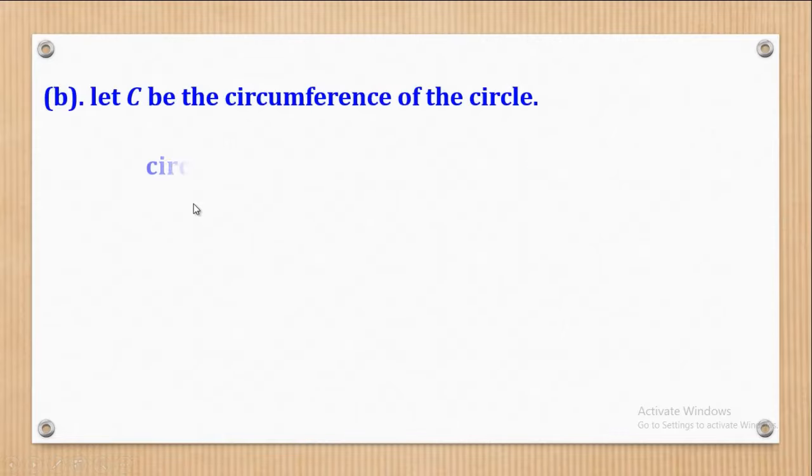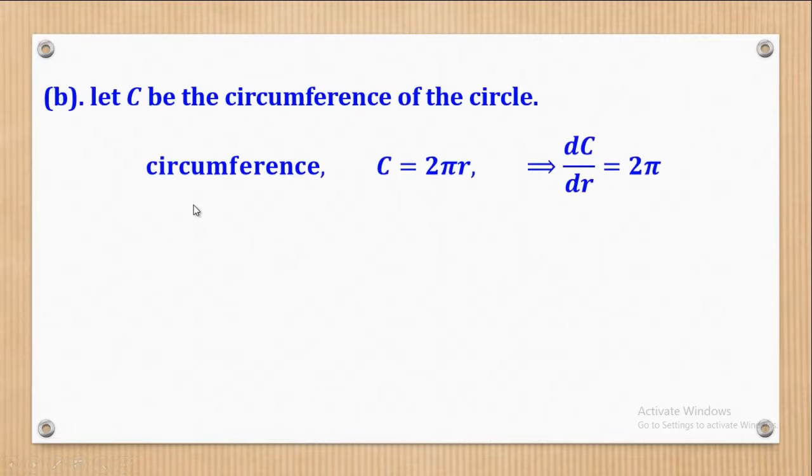Now we shall go to part B, where they want the small change in circumference, or the error in the circumference. Now I know that the formula for circumference is given by 2 pi r, and in this case this circumference is expressed in terms of one variable, which is r. Therefore we can go ahead to differentiate.